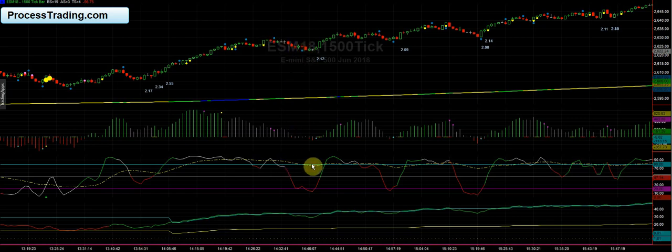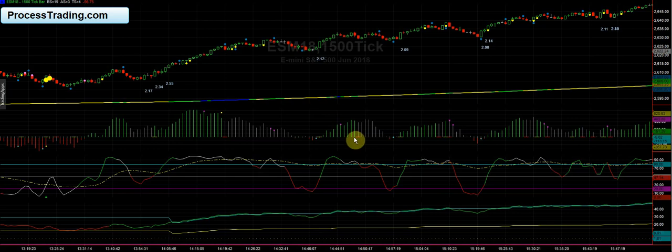You can see that it is not starting a downtrend by all the other indications other than the momentum. The momentum did drop because of this slight pullback here, but all the other indications within the system show you that that uptrend is still strong.